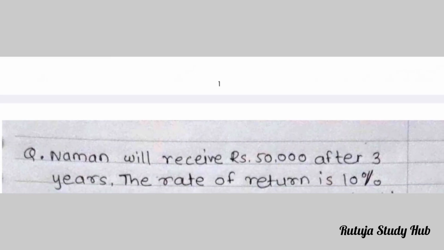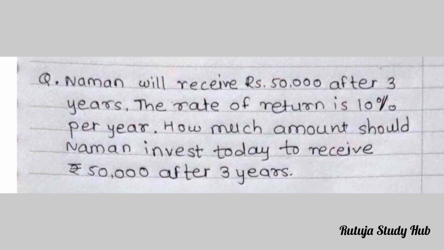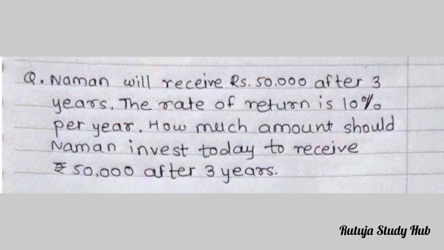Now let us move to the second example. Question: Naman will receive rupees 50,000 after 3 years. The rate of return is 10% per year. How much amount should Naman invest today to receive rupees 50,000 after 3 years? Again, stop and understand.